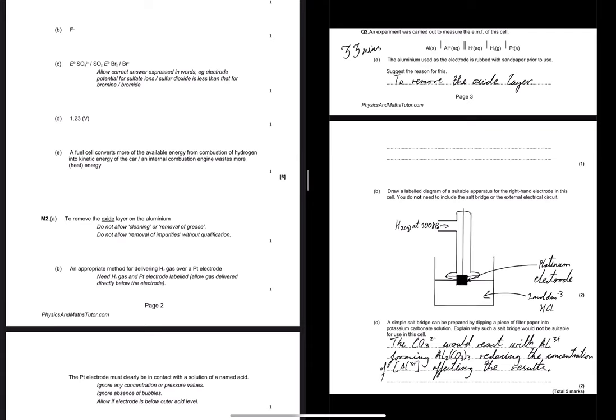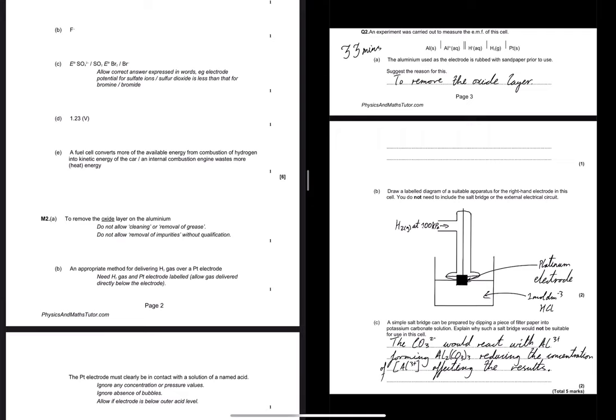Metals left in oxygen over time, even cars: if you scratch a car, the paint is acting as a coating layer to prevent the metal from being exposed to oxygen, because you don't want it to rust.